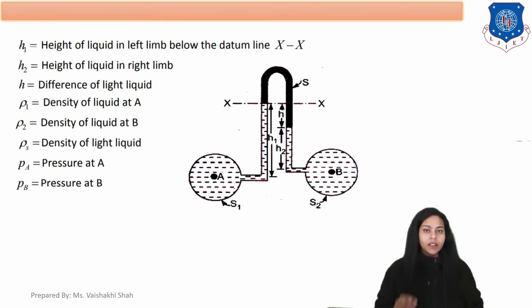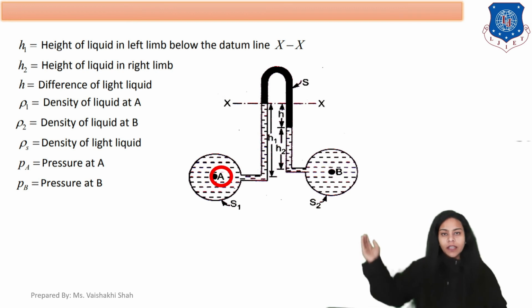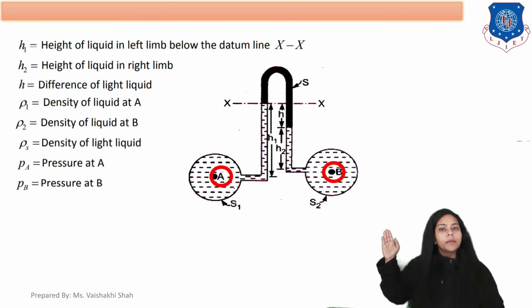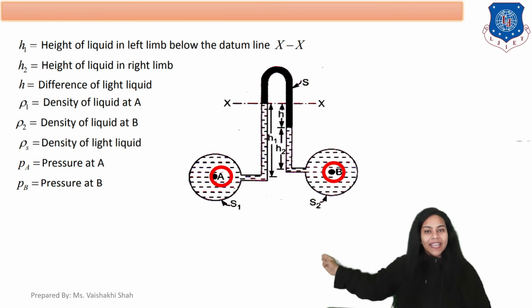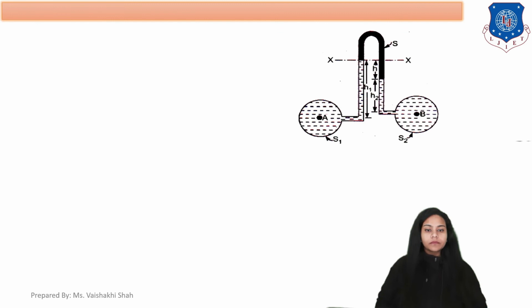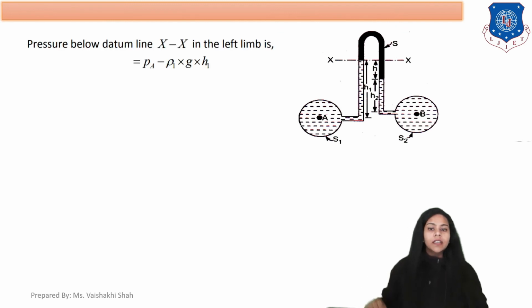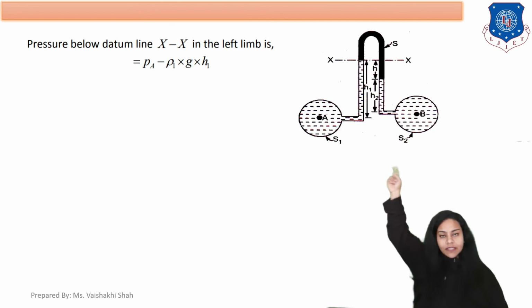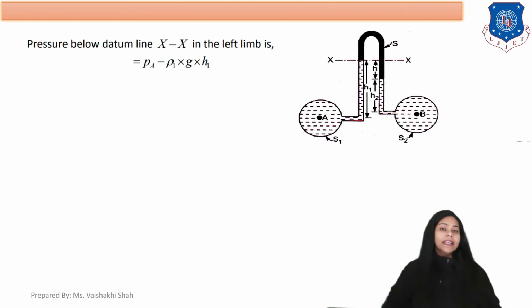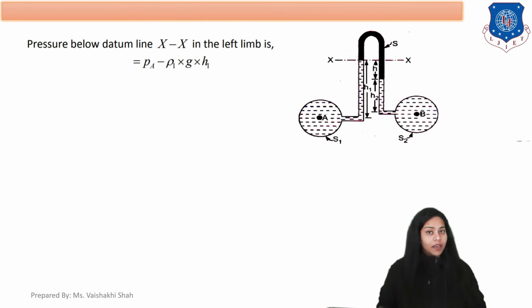Okay. Now let's start the derivation. As you can see, this is point A and this is point B. Pressure at A is PA, pressure at B is PB. Now first of all, the pressure below line XX, as you can see in the diagram, in the left limb, the left column.